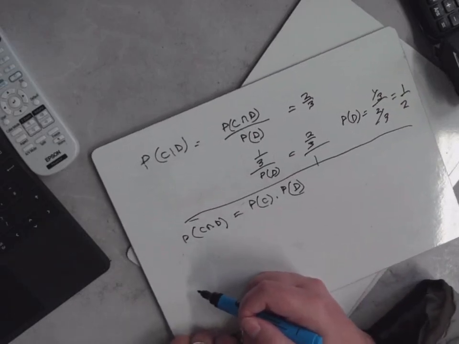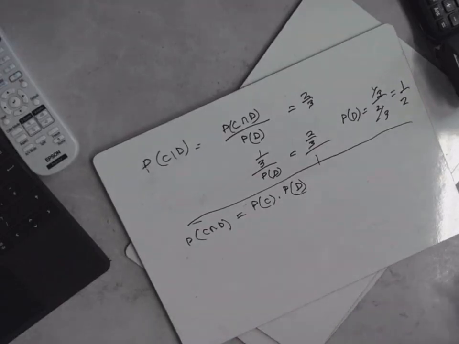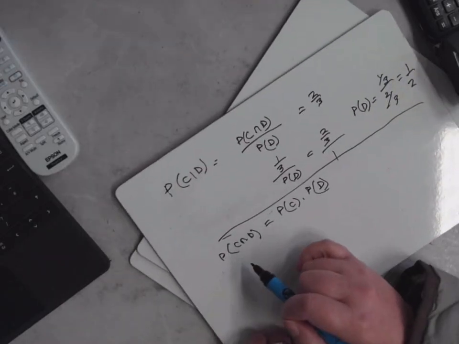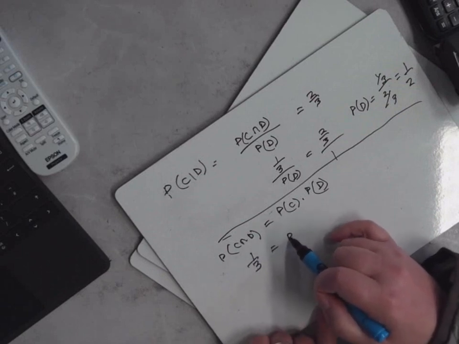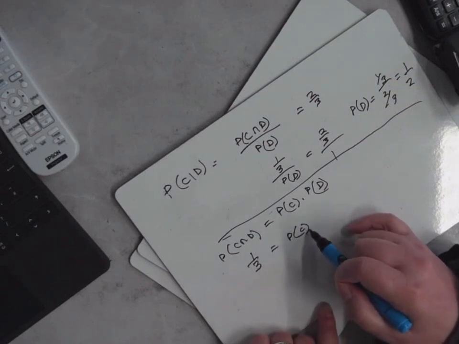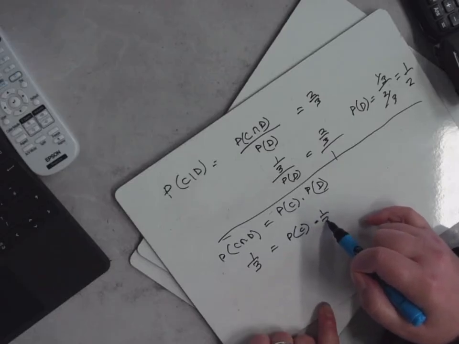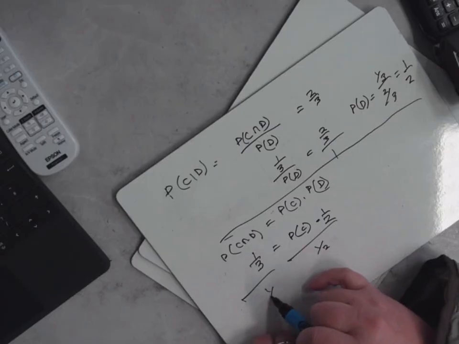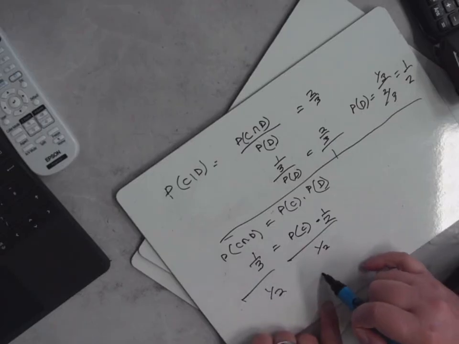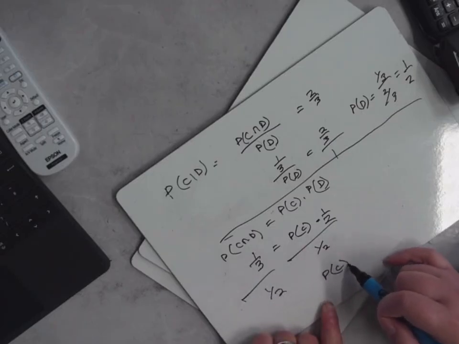Do we have the intersection? We do. It's a third. So 1/3 equals probability of C multiplied by a half, and then divide each side by a half, or 2/3, and you get the probability of C is equal to 1/6.